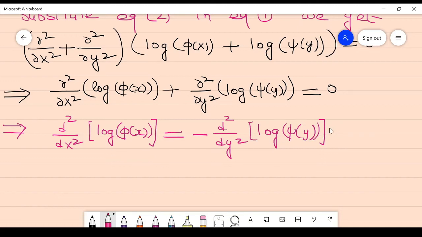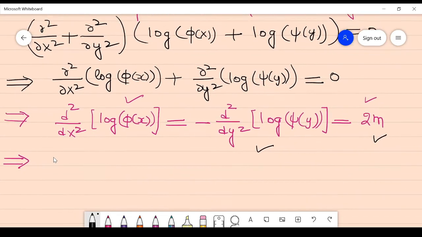So both are equal, so I write it as some constant, suppose 2m. One value is 2m and the other value will be minus 2m. The difference is only in the negative sign.